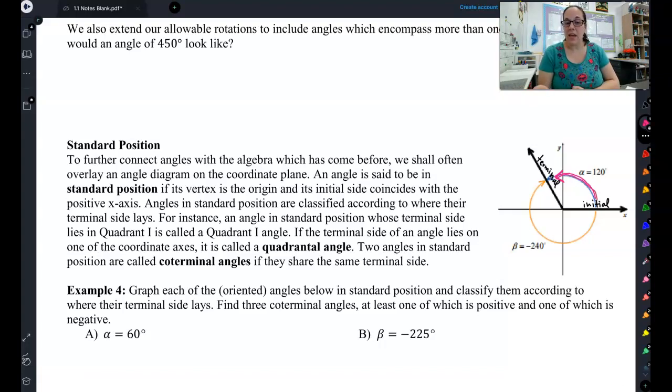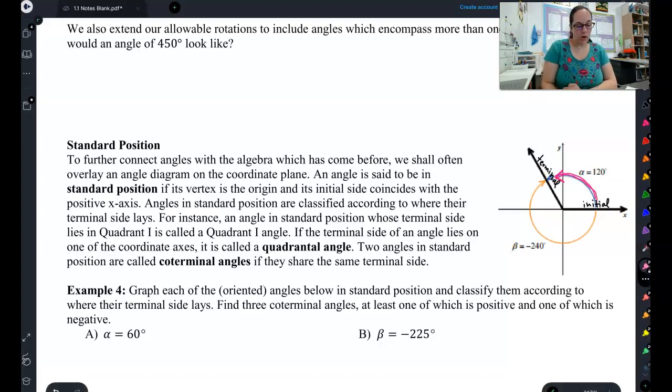Notice that this angle has multiple measurements. If I go counterclockwise, that's a measurement of positive 120 degrees. If I go clockwise, that's a measurement of negative 240 degrees. The measurements are bigger on this side, and we say it's negative because it's clockwise, smaller on this side, and positive because it's counterclockwise.